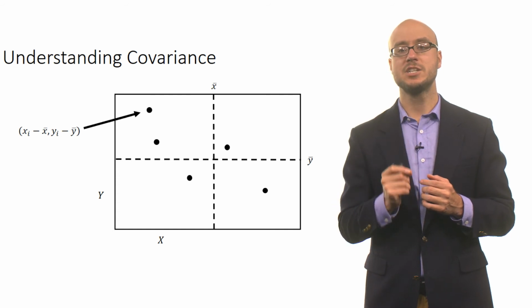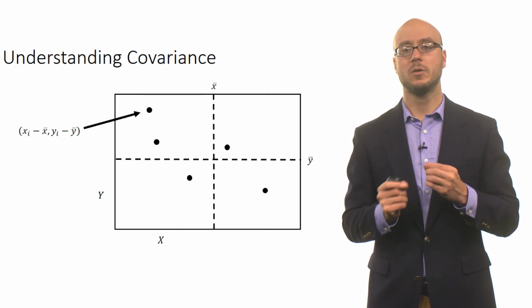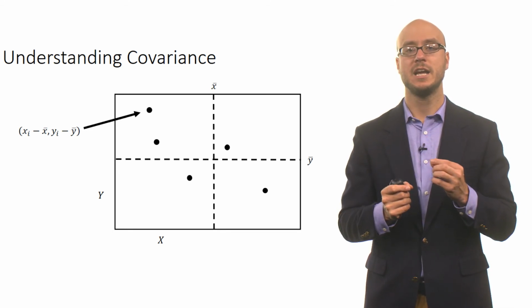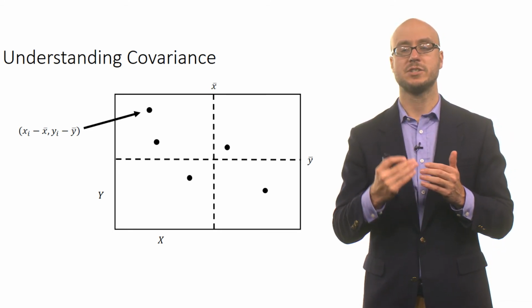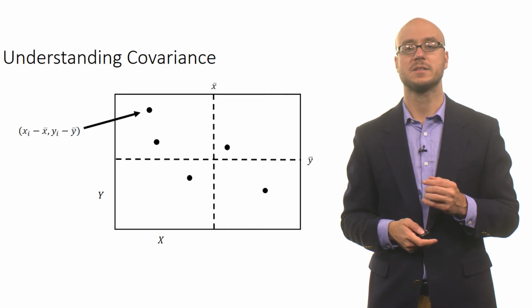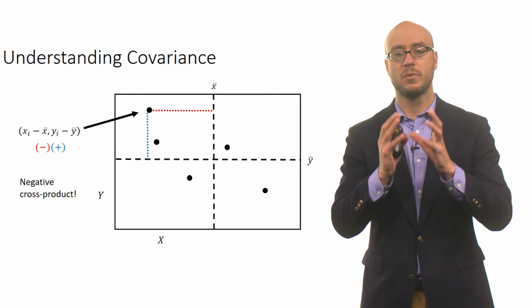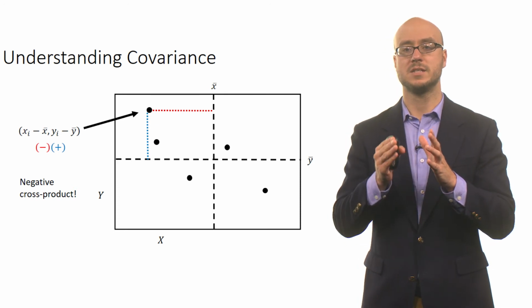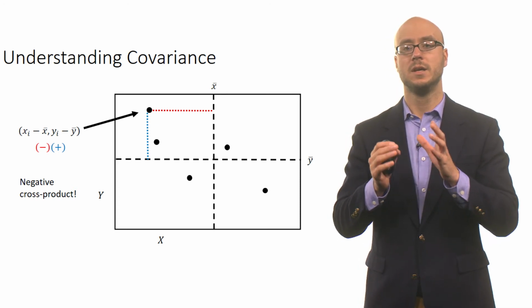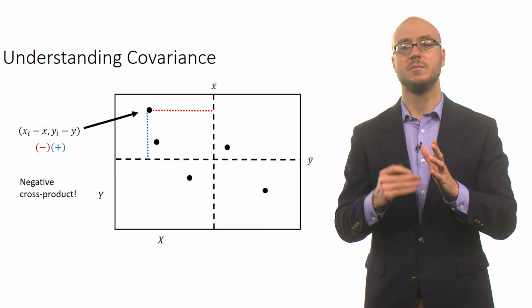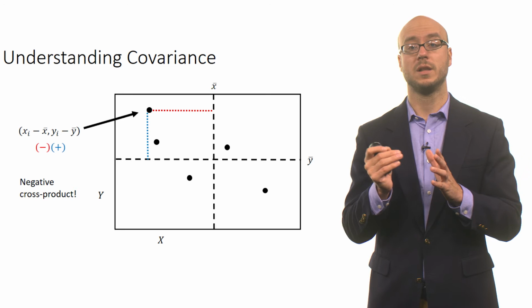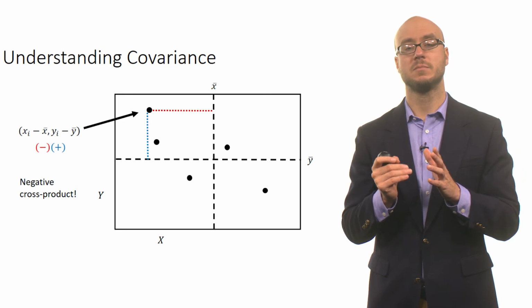And then you can see each data point can be located not based on the raw x and y values, but in reference to its deviations with respect to the mean of x and the mean of y. So for example, for this data point, even though overall it has a positive x and a positive y value, in relationship to the mean of x and the mean of y, it's below the mean of x and above the mean of y.